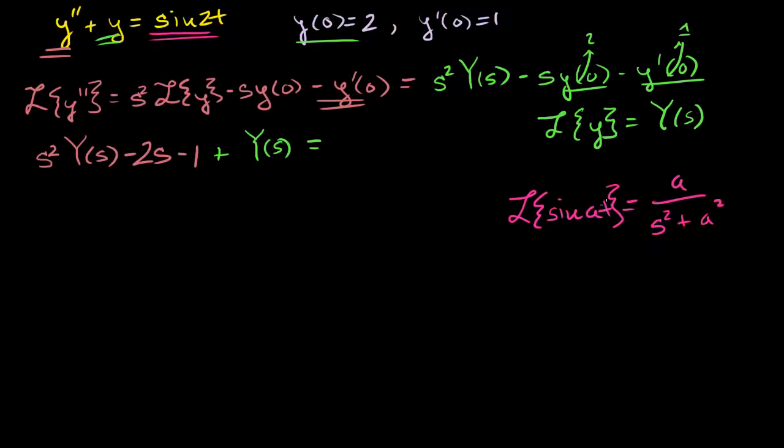So for the Laplace transform of sine of 2t, here a is 2. This is going to be 2 over s squared plus 4. So if we take the Laplace transform of both sides, the right-hand side is going to be 2 over s squared plus 4.